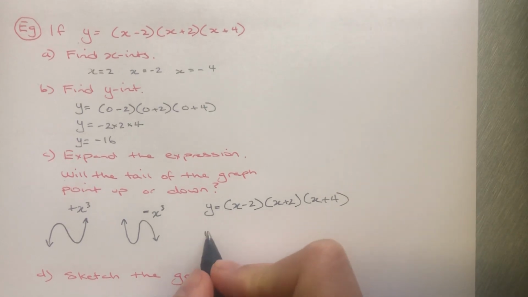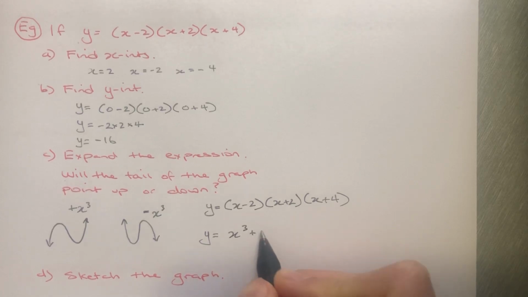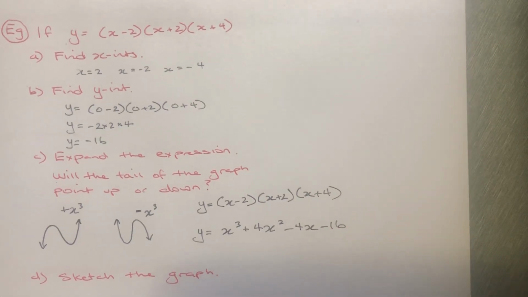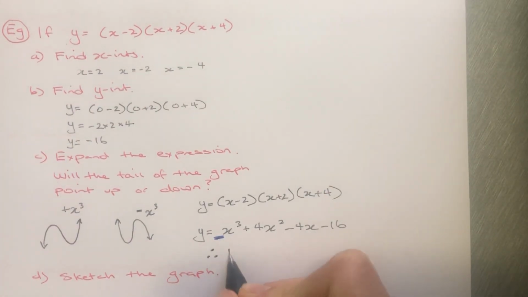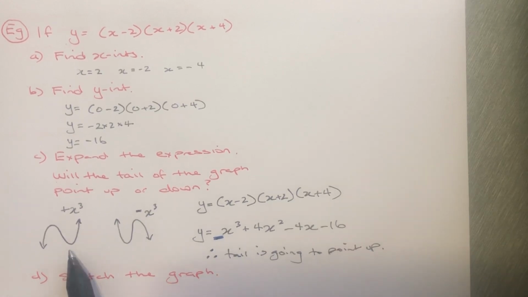You'll use your FOIL method a couple of times and your rule should end up looking like this. Now what I was looking at is the coefficient of x to the power of 3, this section here. That's a positive, isn't it? That's 1. Therefore, the tail is going to point up. Sweet, so it's going to have that sort of shape.